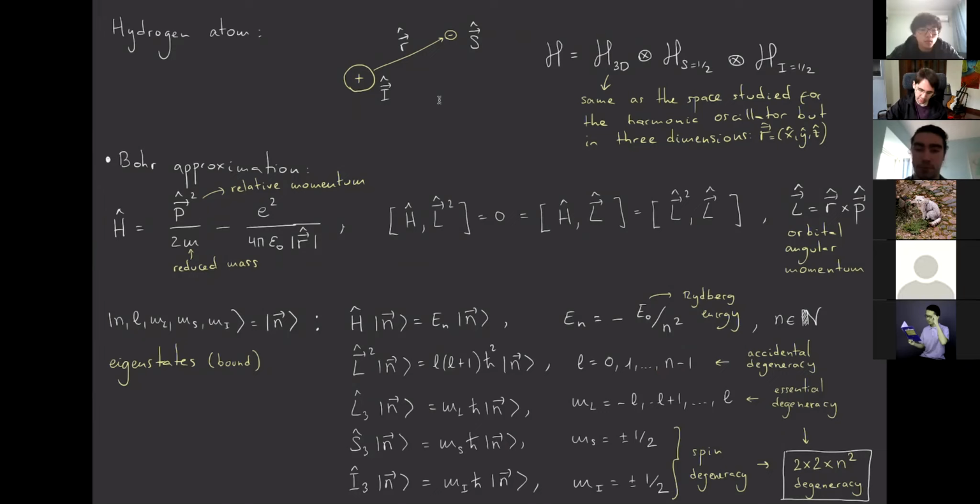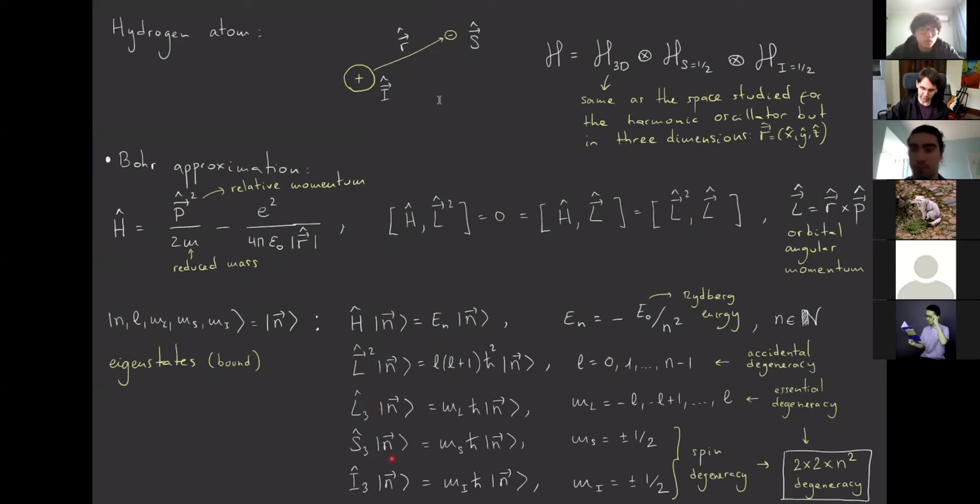On the other hand, for the third component, we have to choose one component of the angular momentum for the quantization, and we usually choose the third component. This is what is usually called in quantum optics the quantization axis, and we choose the third axis, the z axis.